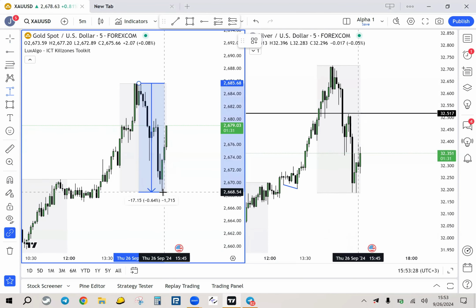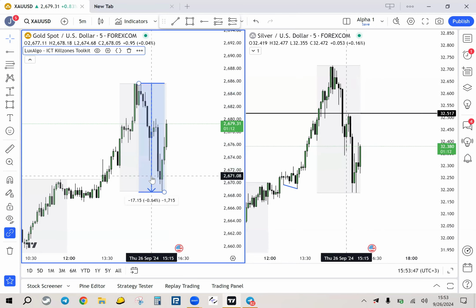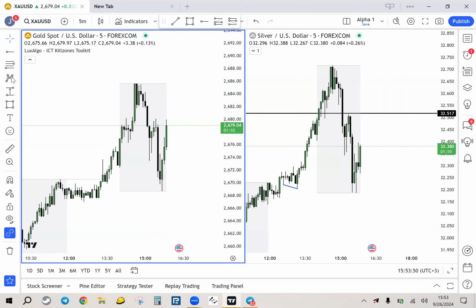Like, for example, this pullback was 170 pips. Okay, now, yeah, I know that the last weeks, the average daily range or the average weekly range of gold has been insane, and 170 pips might seem nothing, but still, that's quite a lot, a big move.